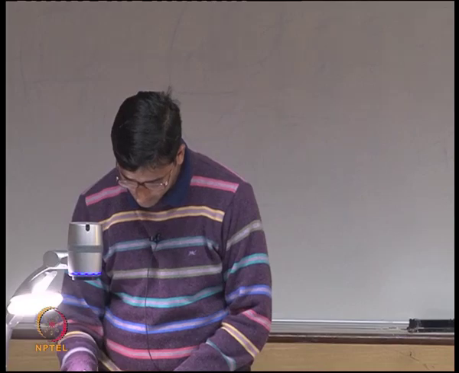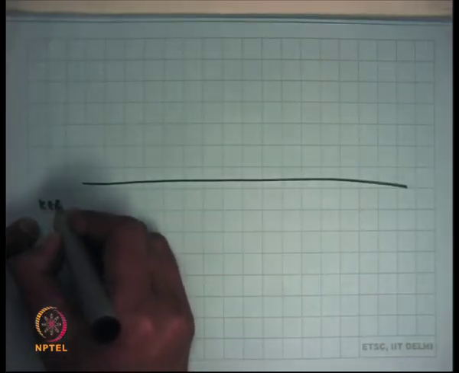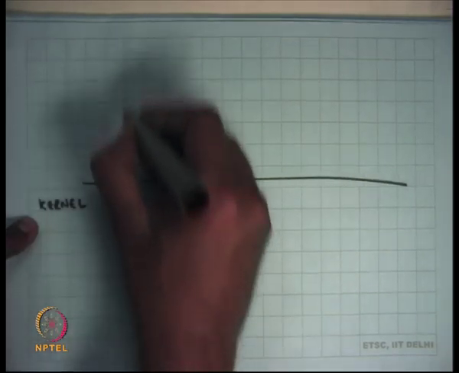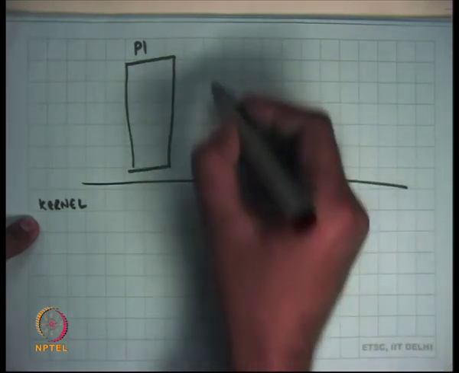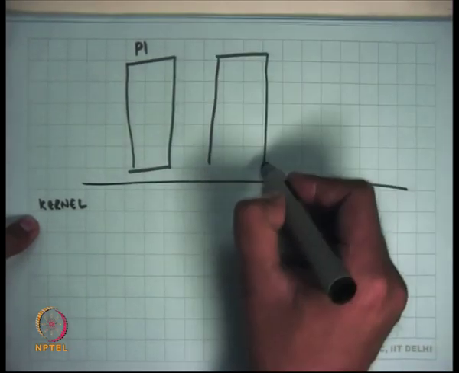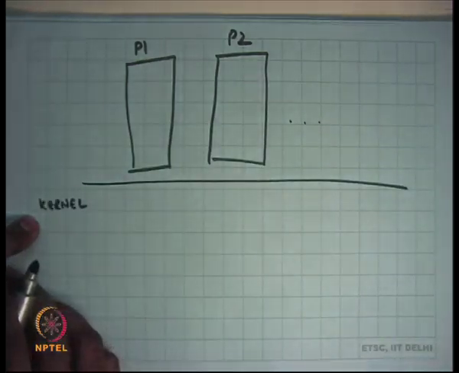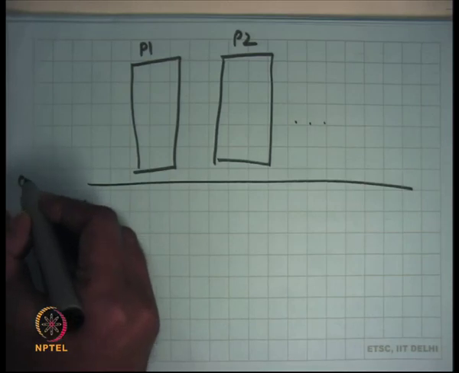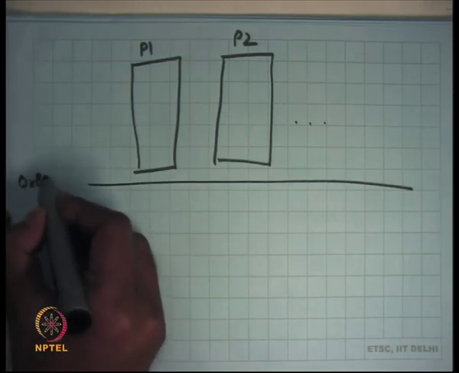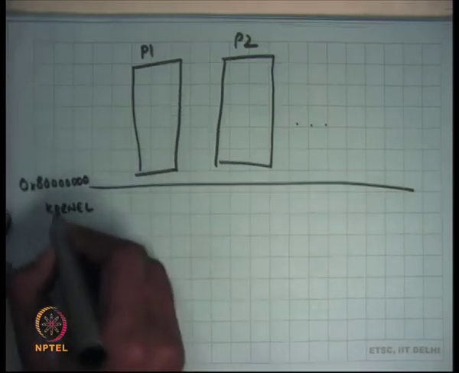Firstly, let's say this is the kernel, and this is process P1, which is the first process, process P2, let's say it forked another process, and so on, right? I'm drawing it inverted, so let's say this is address 0x8, or KERNBASE.